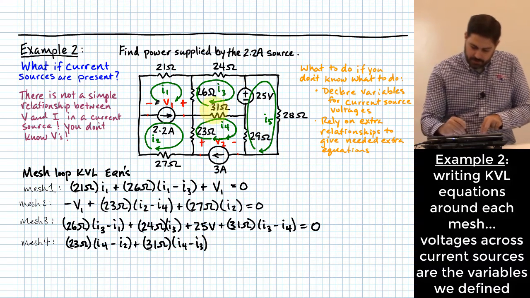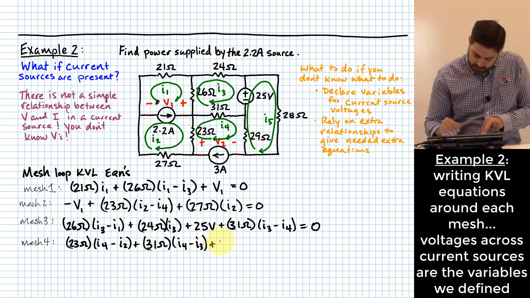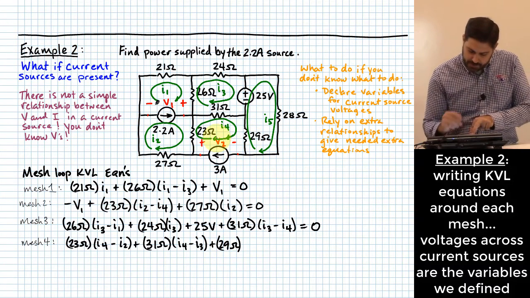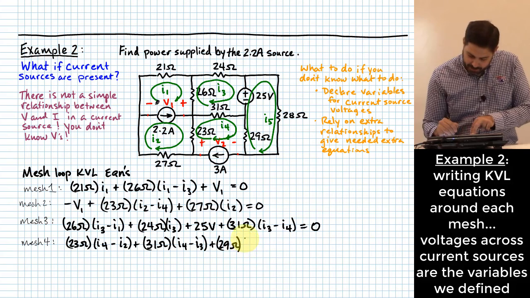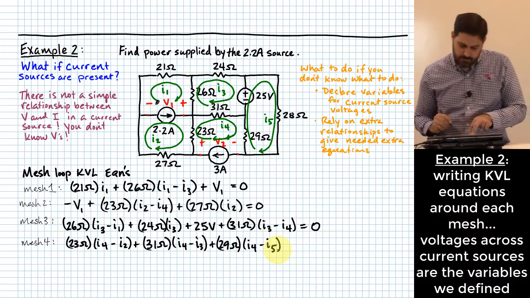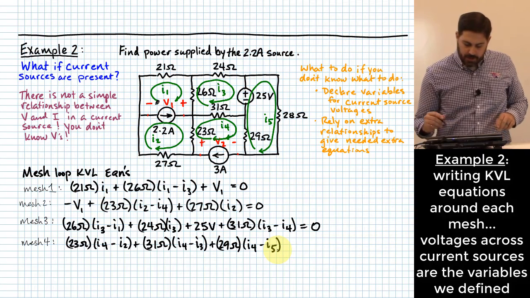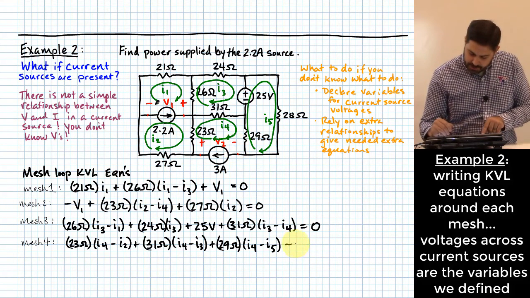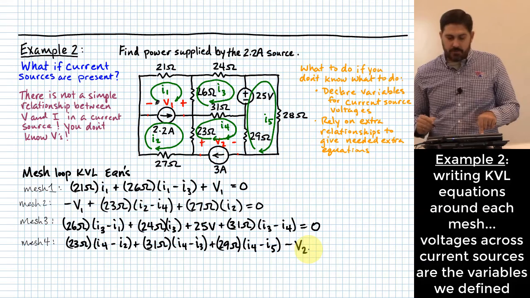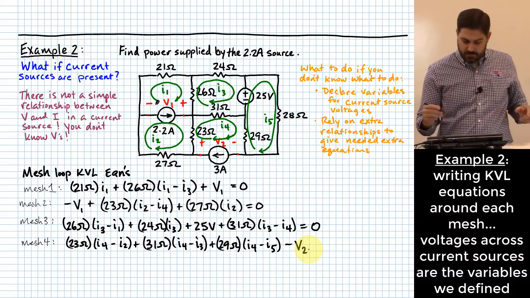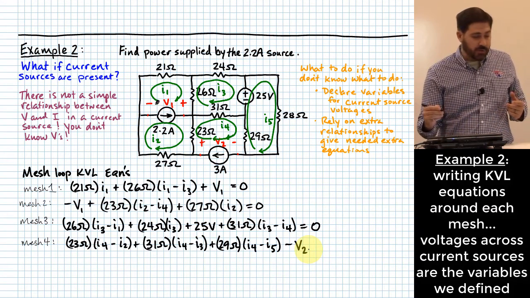Then we come to 29 ohms times I4 minus I5. And then what? Minus V2. And then does that get me all the way around the loop?